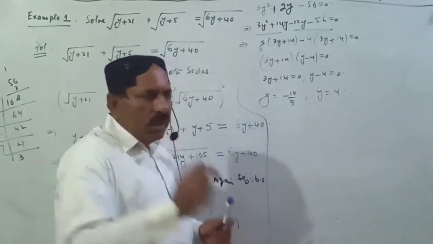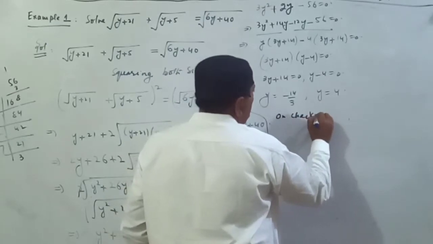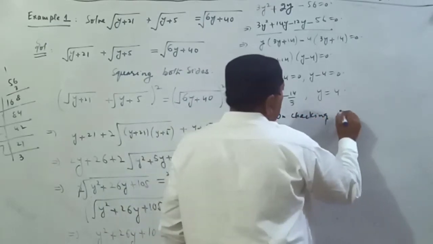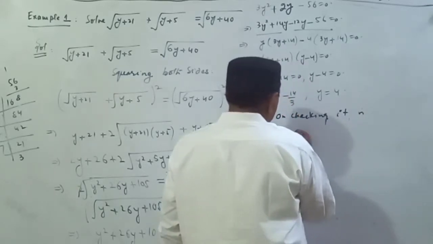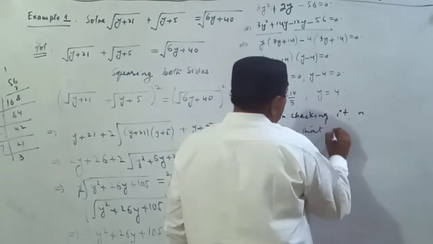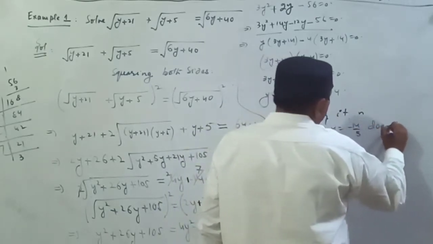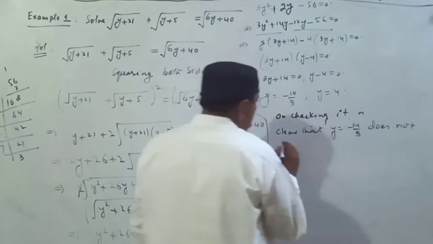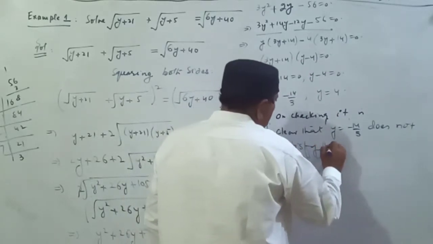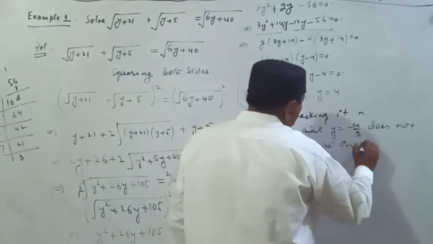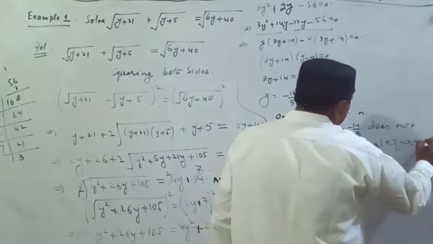On checking, it's clear that y is equal to minus 14 upon 3 does not satisfy the original equation.